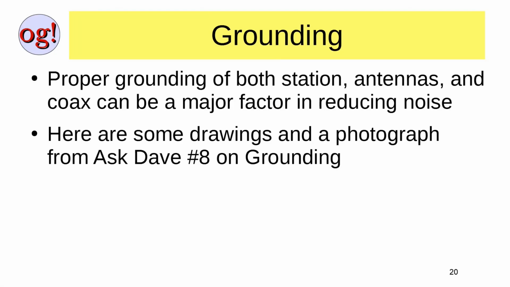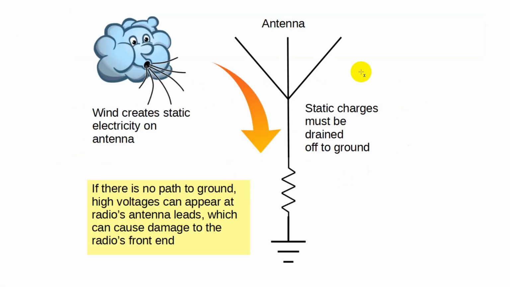Anyway, that's what happened. One thing to think about antennas, as the wind blows across them, it creates static electricity. That has to find a place to get to ground. I once blew out the front end of a radio, not paying heed to this.